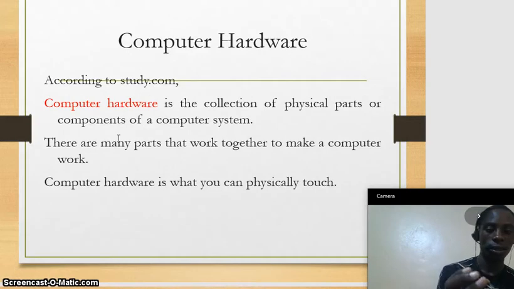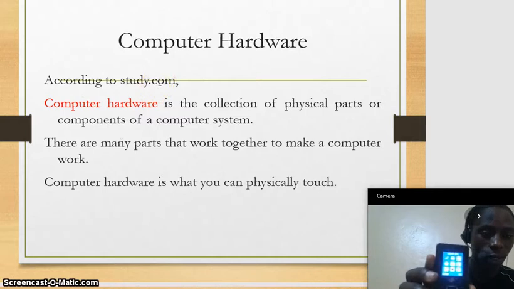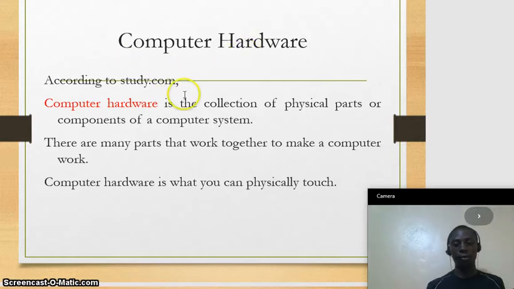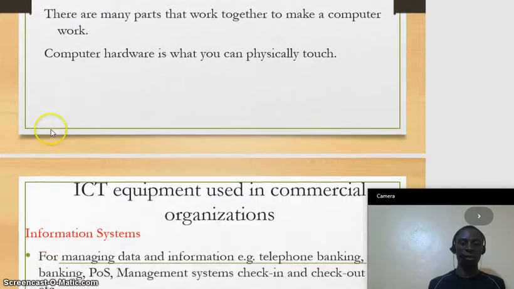There are some apps on it, so it has some software, the application software, some of the applications. So this is a physical component, and that is hardware. The collection of those tangible, physical parts, we're calling it hardware.